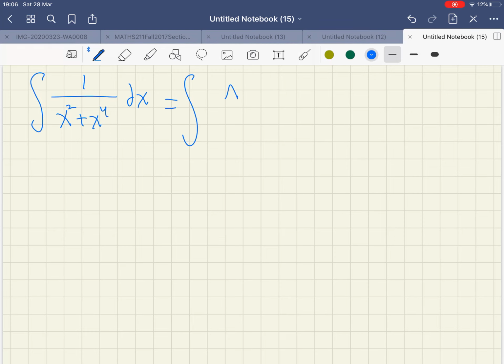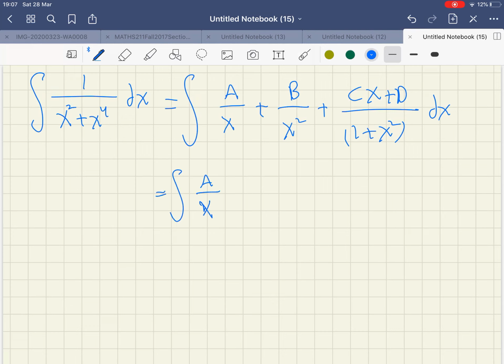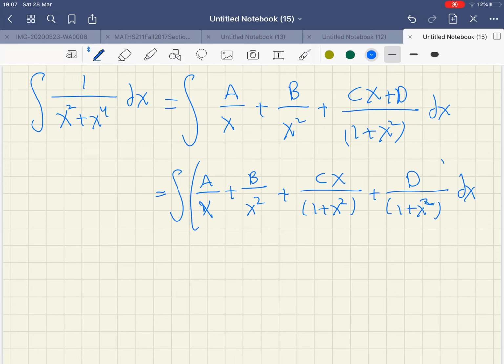And I wrote it as A over x, B over x squared, Cx plus D over 1 plus x squared dx. Now, just for simplicity, let me split C and D. I don't want them to be together. So I will get Cx over 1 plus x squared, plus D over 1 plus x squared, and then dx. Something like this. And now let's do each integration separately.